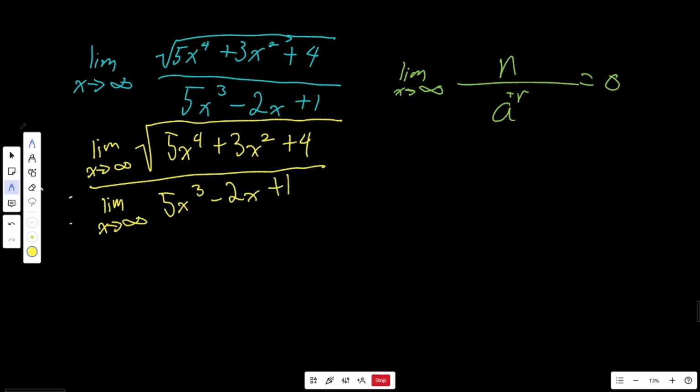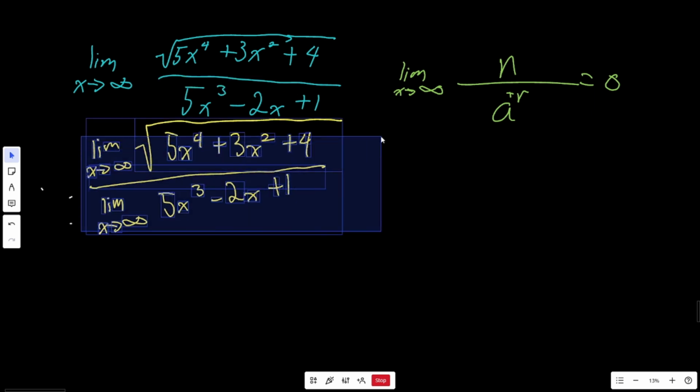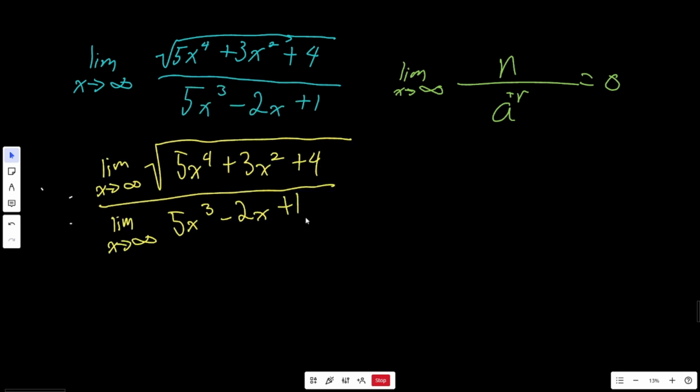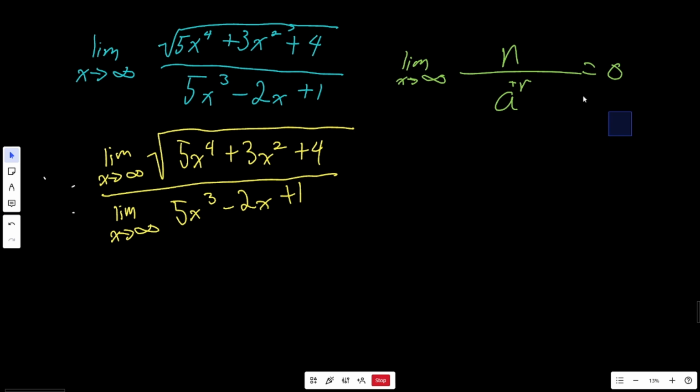Now, before we simplify and start distributing our limit laws even more, what we need to do first is start doing our factorization of the top and the bottom, because we cannot get to this point unless it's already been factored out. So we're going to start factoring out underneath the radical first.